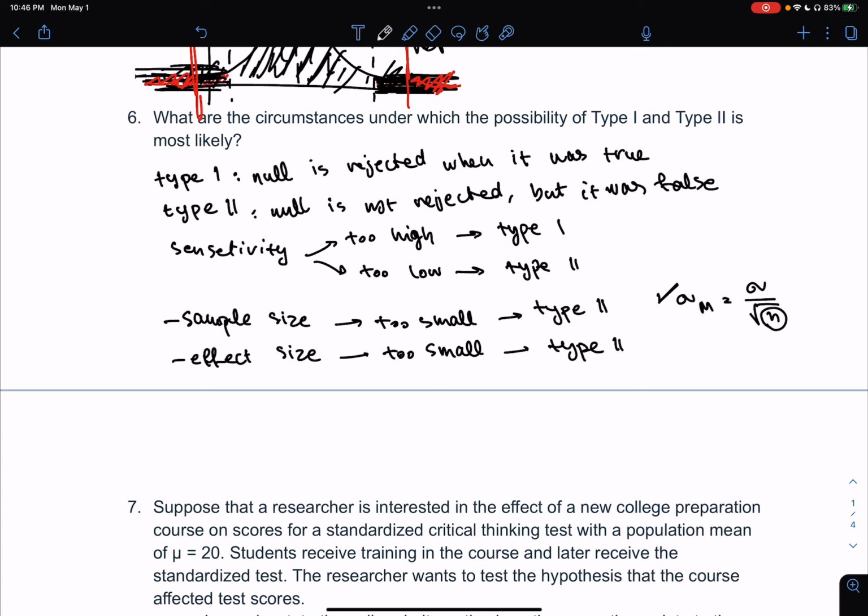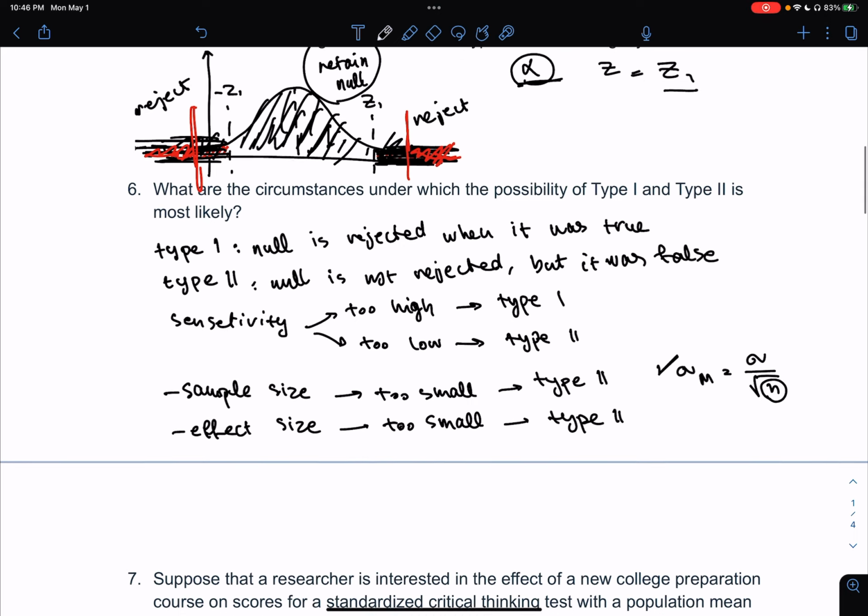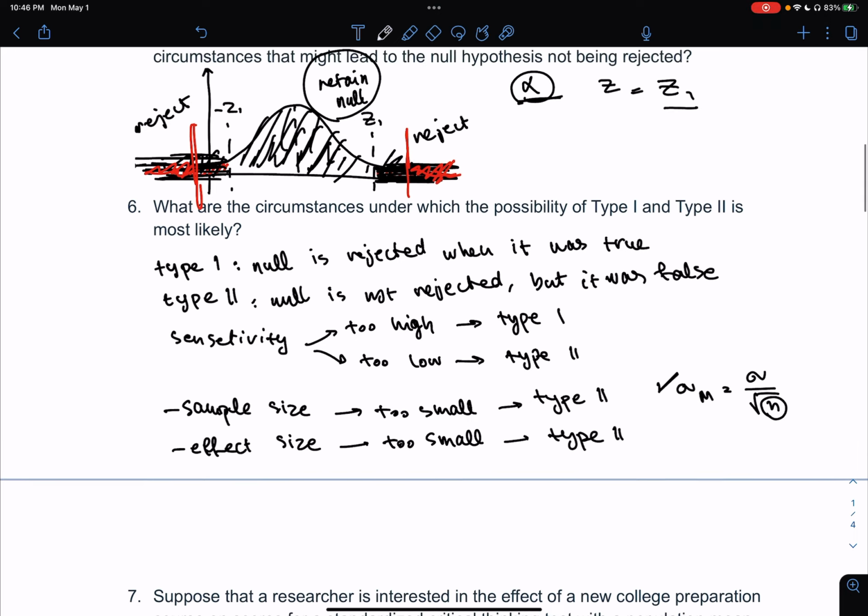So if the effect size is too small, again, we are less likely to be able to reject the null, because if the differences and the numbers are too small, then we are less likely to have a large enough number that would actually land here in the rejection area.